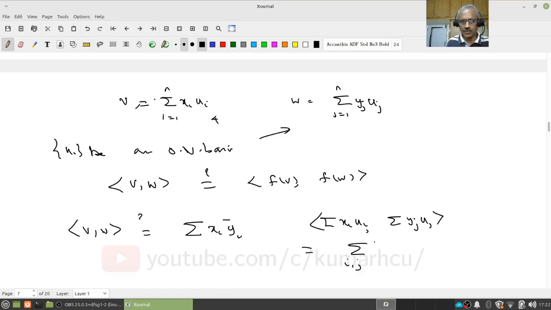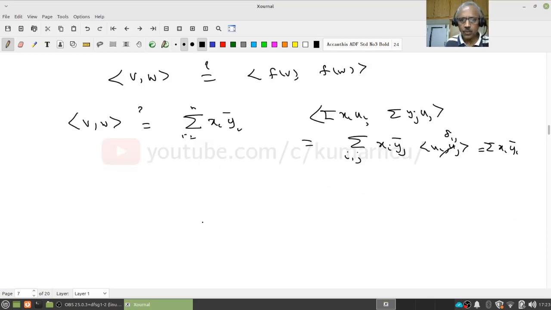You know, it's linear in the first variable and conjugate linear in the second variable and intuitively the distributive law, right? So it's xi yj bar into inner product ui, uj, but this is delta ij, therefore it becomes xi yi bar. Is that clear?